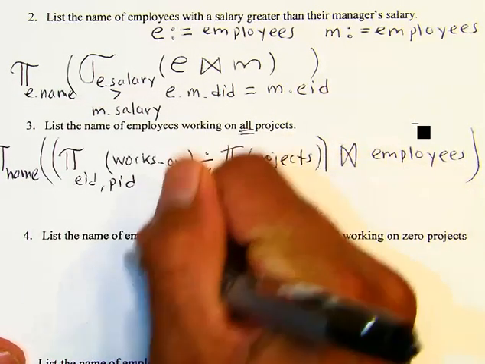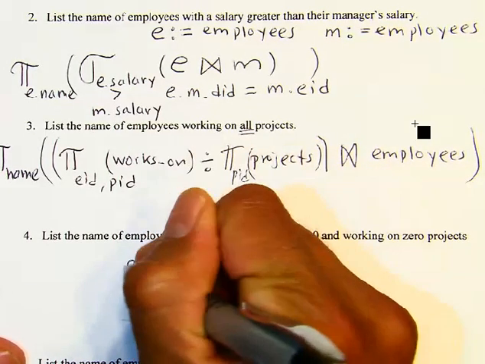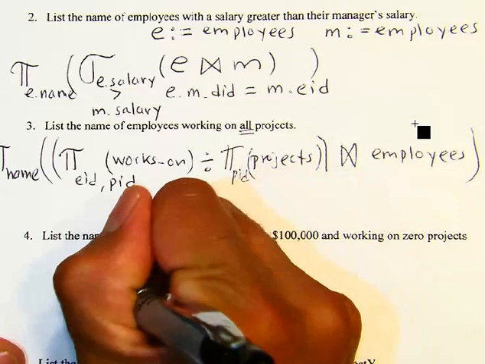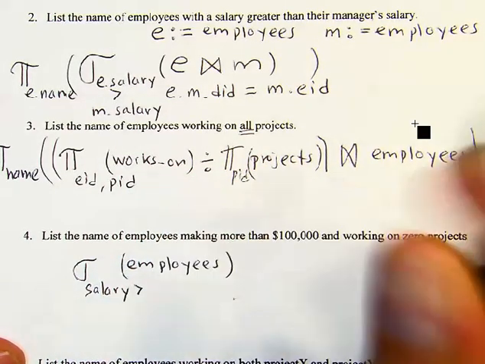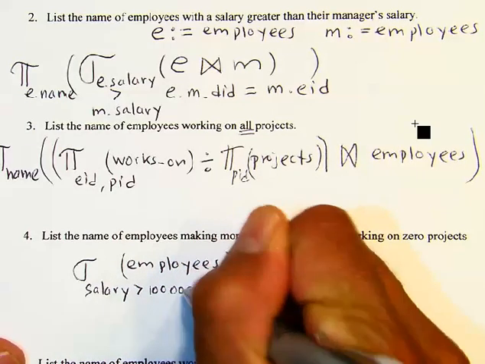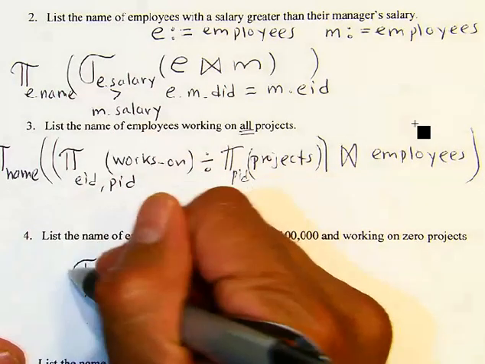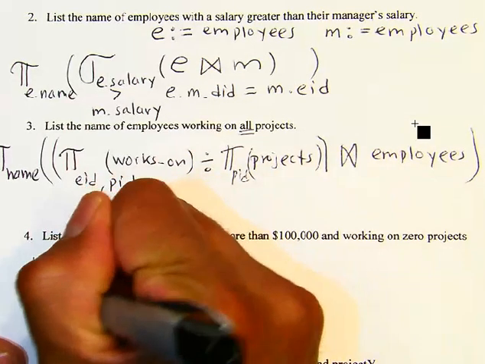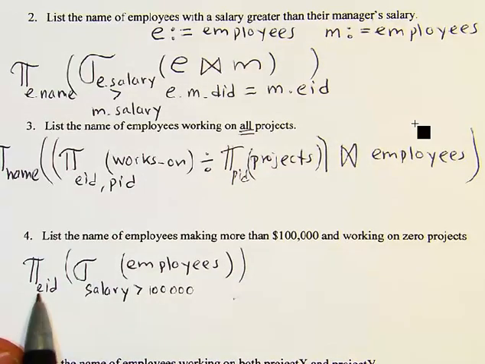Here we have employees, we select them, and their salary is greater than 100,000. Now here we will get the employee ID. This is the identification of all employees making more than 100,000.